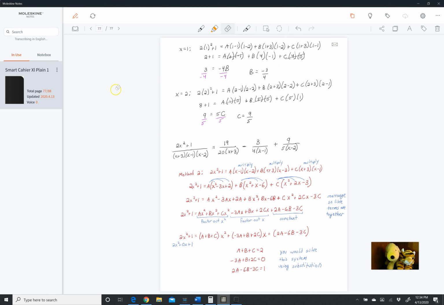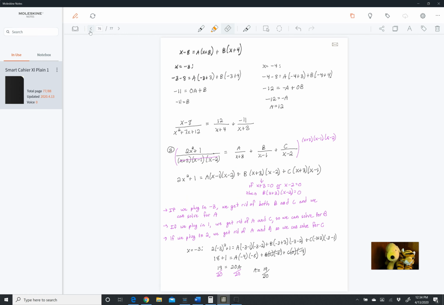And in most of these, if it's linear, okay, with linear factors, I will ask you to solve for the constants. In some cases, I won't, okay? And if I say do not solve for the constants, you would stop here. You wouldn't do any of this extra work.